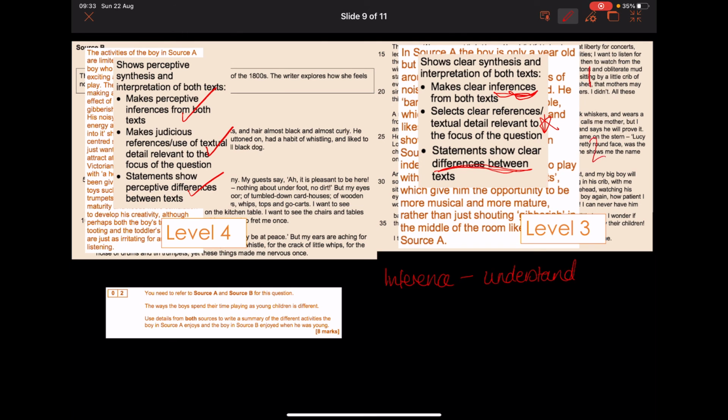So maybe there's only 2 statements there, but here we've got about 3, and I would suggest 3 point, evidence, explain, 3 PEEs. Okay, so your point, tell me what you mean, tell me what you think, give me some evidence, and then explain the inference. Explain what you've assumed. Okay, and why.